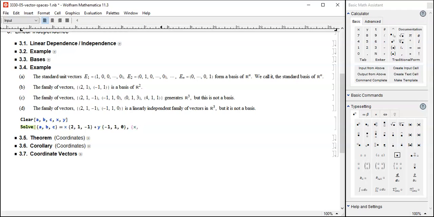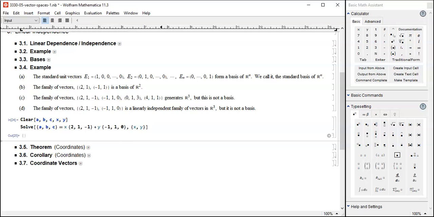So for x and y, because there are only two vectors, is this possible? And you see, no solution. So fail to generate. Okay, how about linear independence?